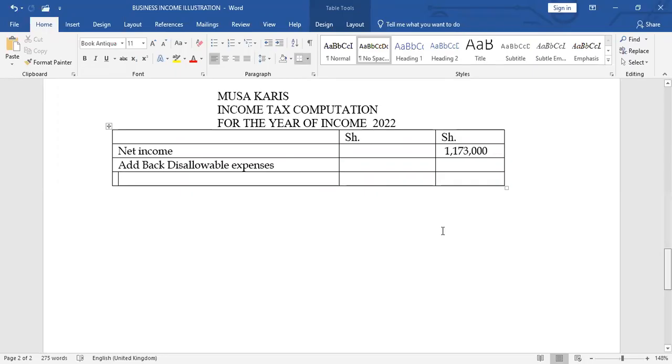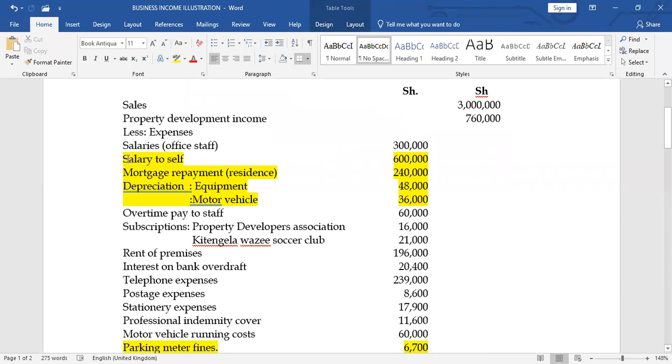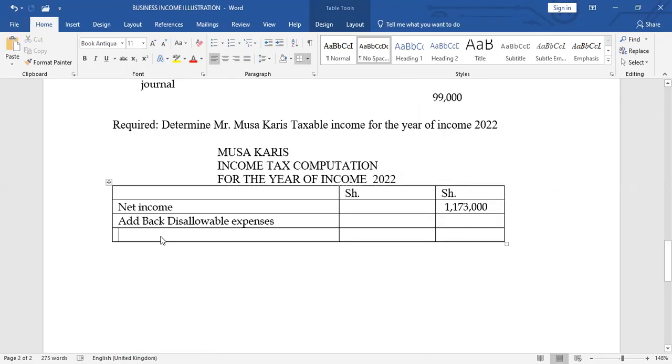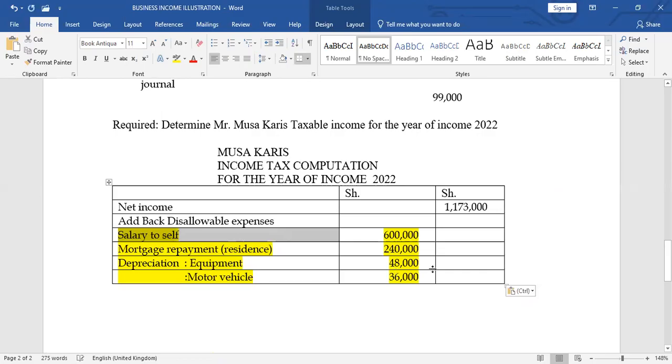Now, we are going to start picking the disallowable expenses and add them back. So the first one is salary to self. All these ones are disallowable, so I can pick them. It's very sweet working with a computer. Do you see?